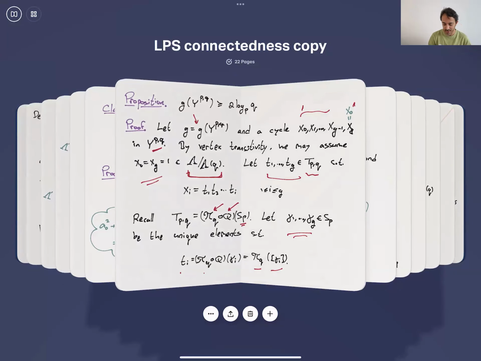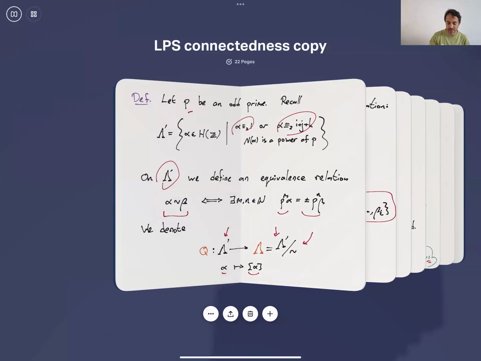The gammas are coming from S_p, and a product of things in S_p is not necessarily in S_p, because each of them has norm p, and so a product has norm p squared, cubed, and so forth. But they are all in Lambda prime, where recall Lambda prime is those integral quaternions whose norm is a power of p, so that's fine. A product gives you a power of p.